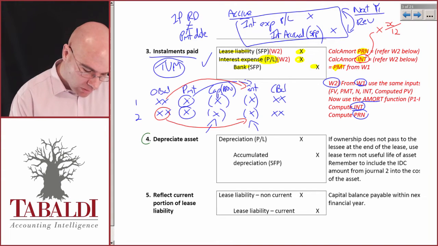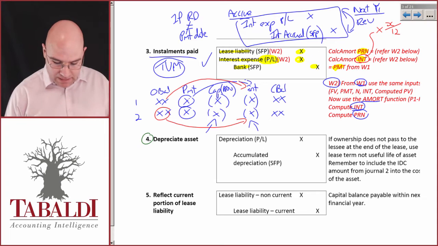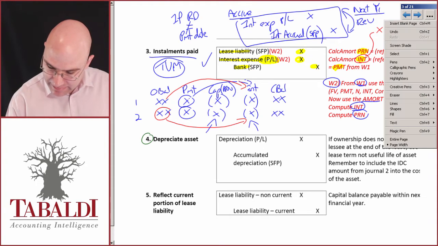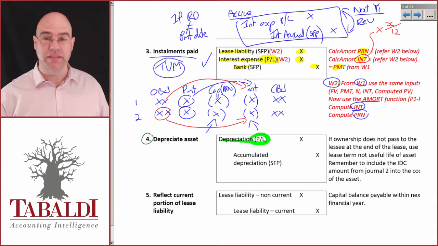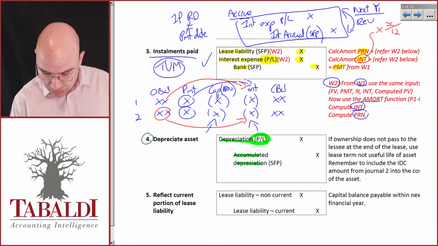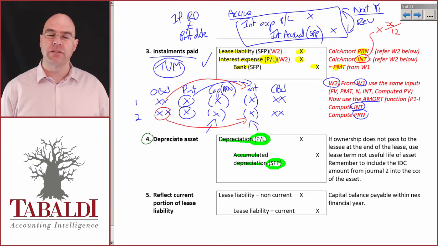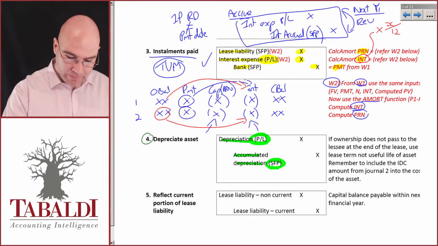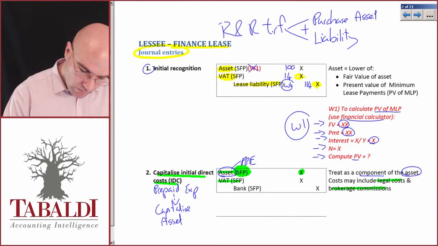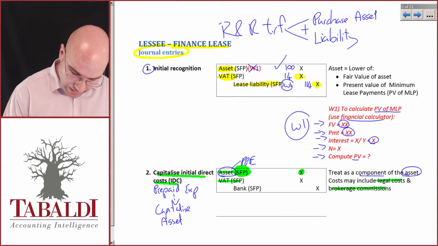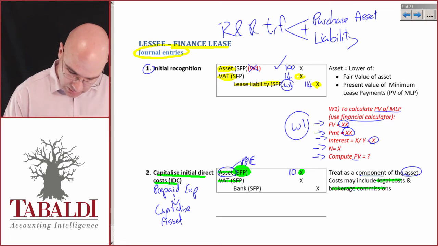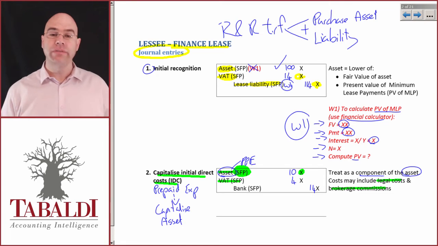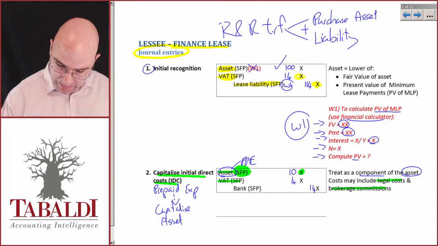Now if we move down, we've still got an asset, right? And the asset will need to be depreciated. So I will debit depreciation in profit or loss, and you tell me it's in P&L, please. And I credit accumulated depreciation in the statement of financial position. Remember here, I need to take the original 100,000, and let's say we had another 10 rands worth of initial direct costs, which are capitalized to PPE.